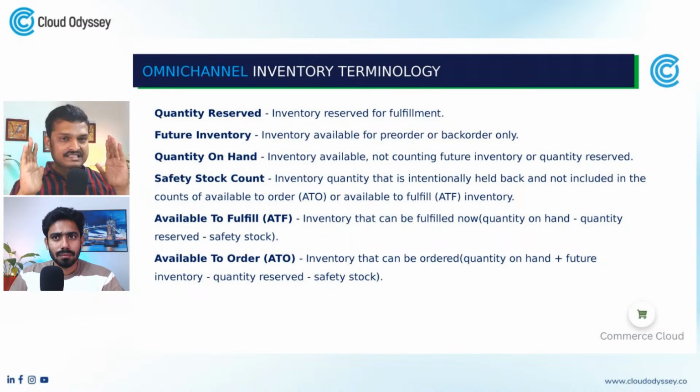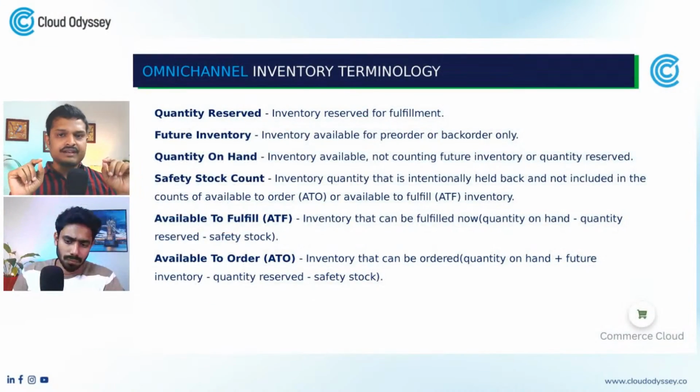It is reserved exclusively for you, so there will be a hold placed on the inventory availability, so that the system can make sure that your item will be fulfilled for sure. So the moment you place the order, even before it reaches OMS, there will be a hold on the quantity with which you have placed the order in the omnichannel inventory, so reserving the inventory.